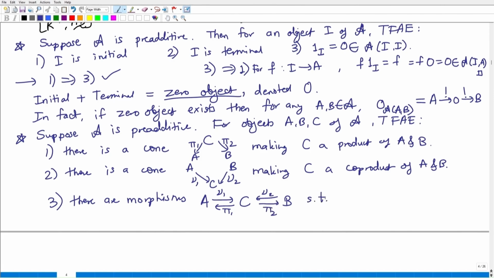Such that pi i nu j, first include then project, is equal to delta ij, the Kronecker delta. And nu 1 pi 1 plus nu 2 pi 2 is equal to the identity on C.